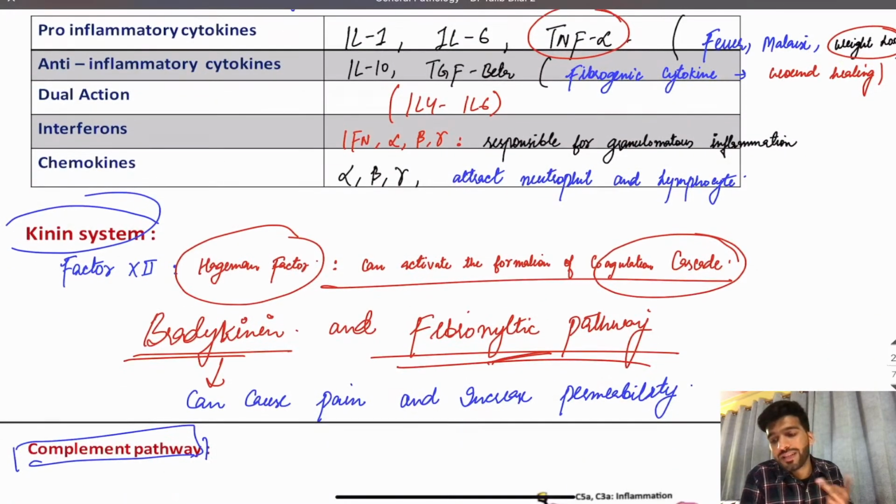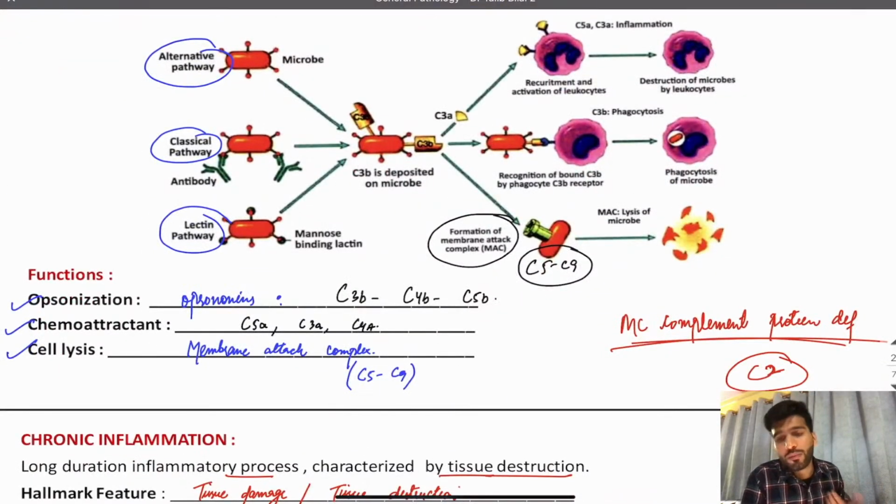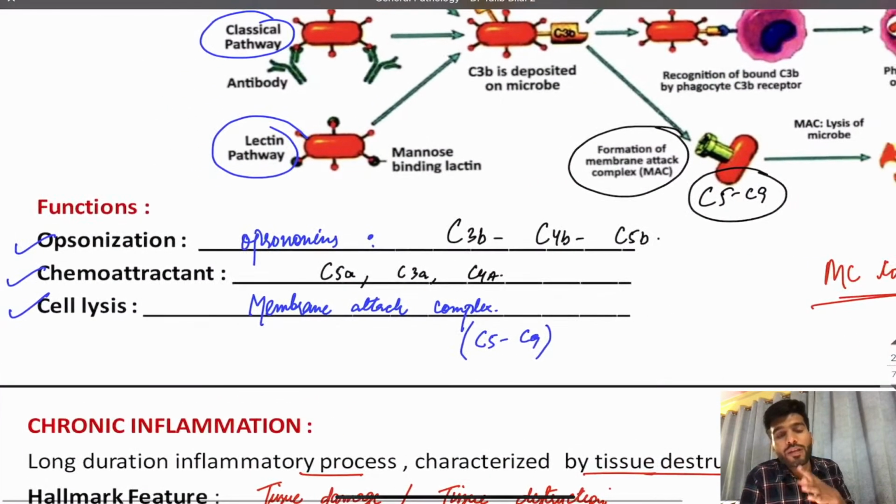Then the kinin system, guys, it activates bradykinin, which helps in the fibrinolytic pathway, and this bradykinin is responsible for increased permeability and pain. Then the complement pathway, these are the proteins which help in innate immunity, and if there is a deficiency of these complement proteins, we have autoimmune diseases. Most common complement protein deficiency is C2, but the functions of this complement pathway in inflammation are opsonization, chemoattraction, and cell lysis.